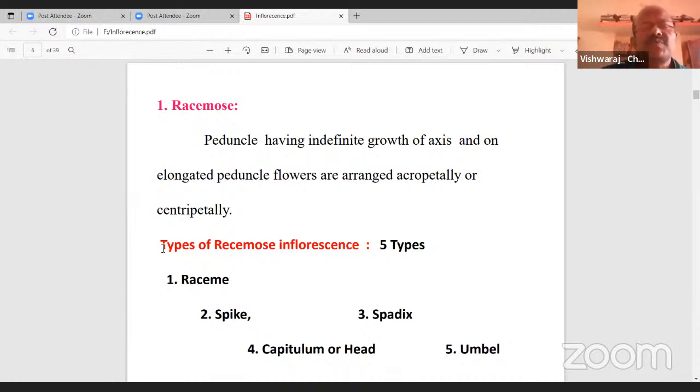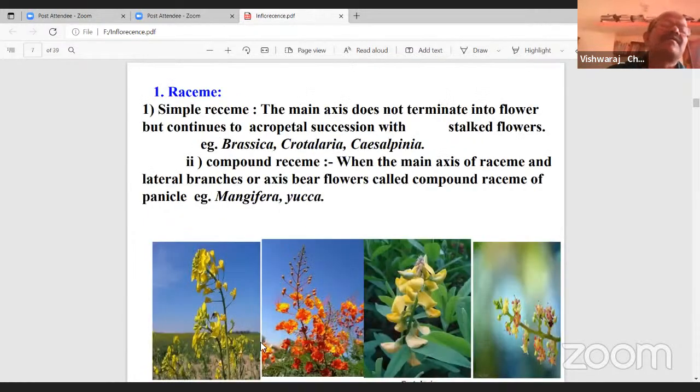Types of racemose inflorescence. There are 5 types of racemose inflorescence: raceme, spike, spadix, capitulum, and umbel. We will see one by one. Raceme, a simple raceme.